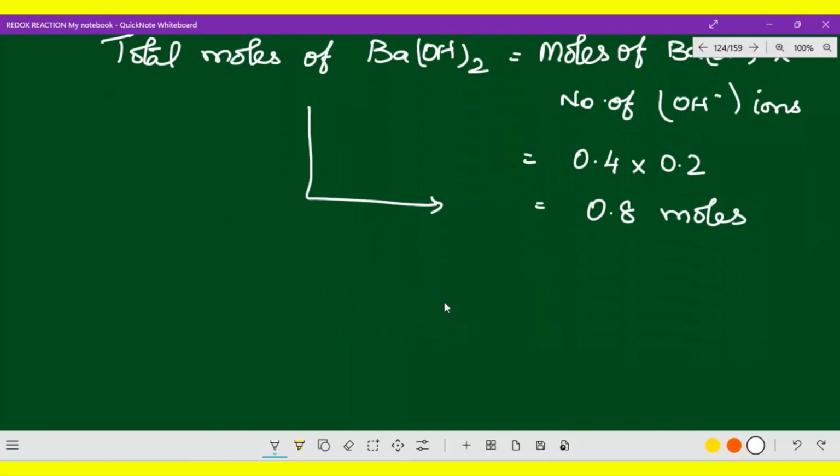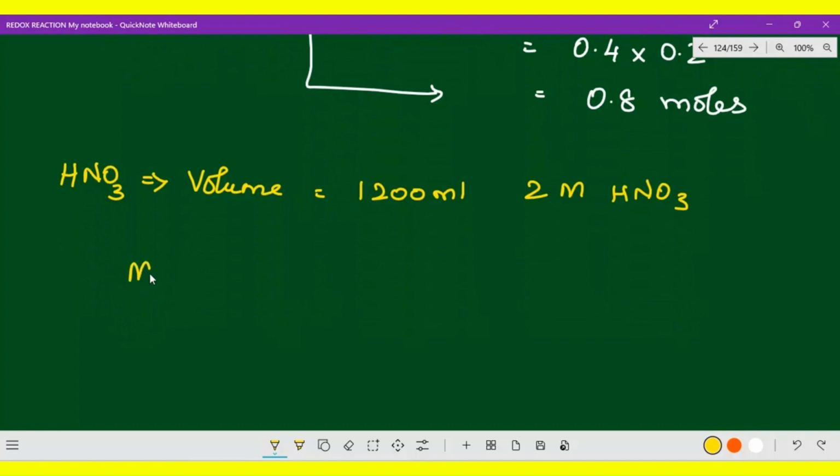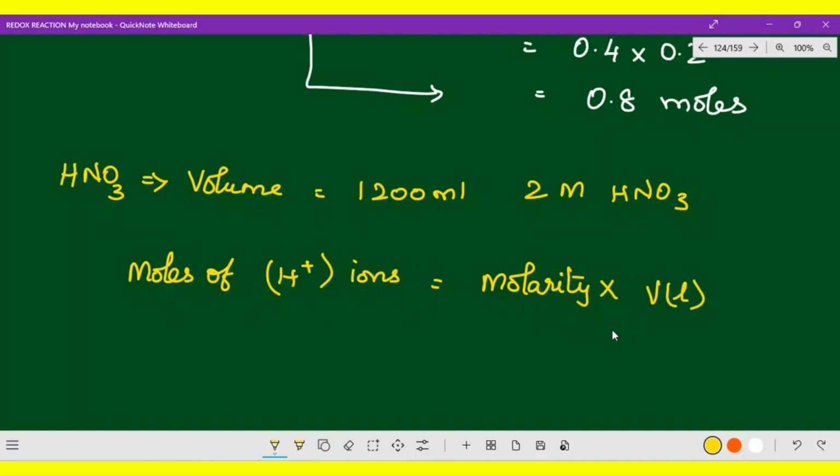Okay, we got it. First we found Ba(OH)2, and now we have to identify the acid, HNO3. Here the volume is 1200 ml, and 2M HNO3. Now, moles of H plus ions equal molarity into volume in liter of the solution.